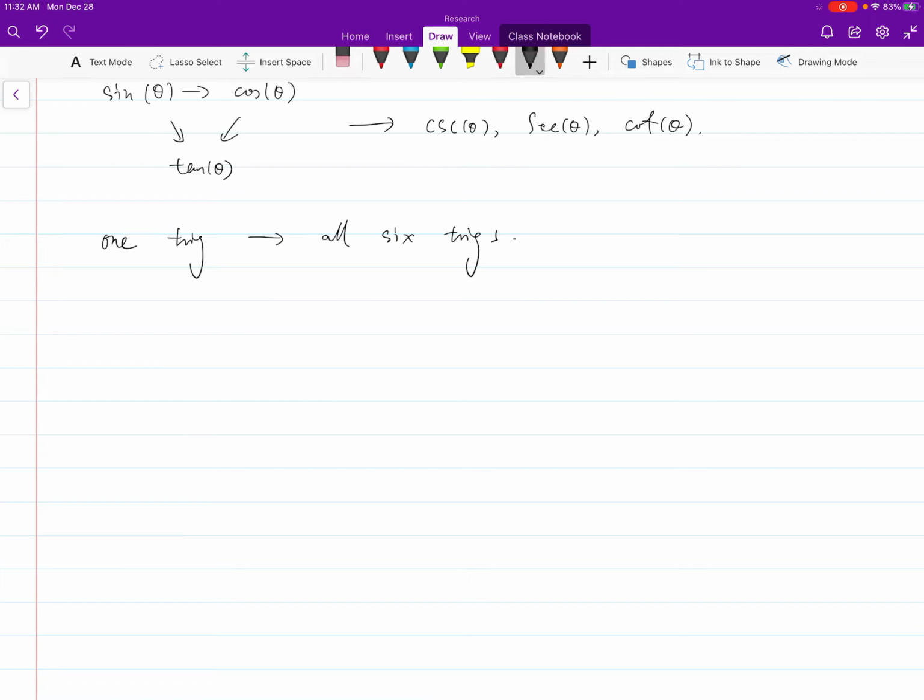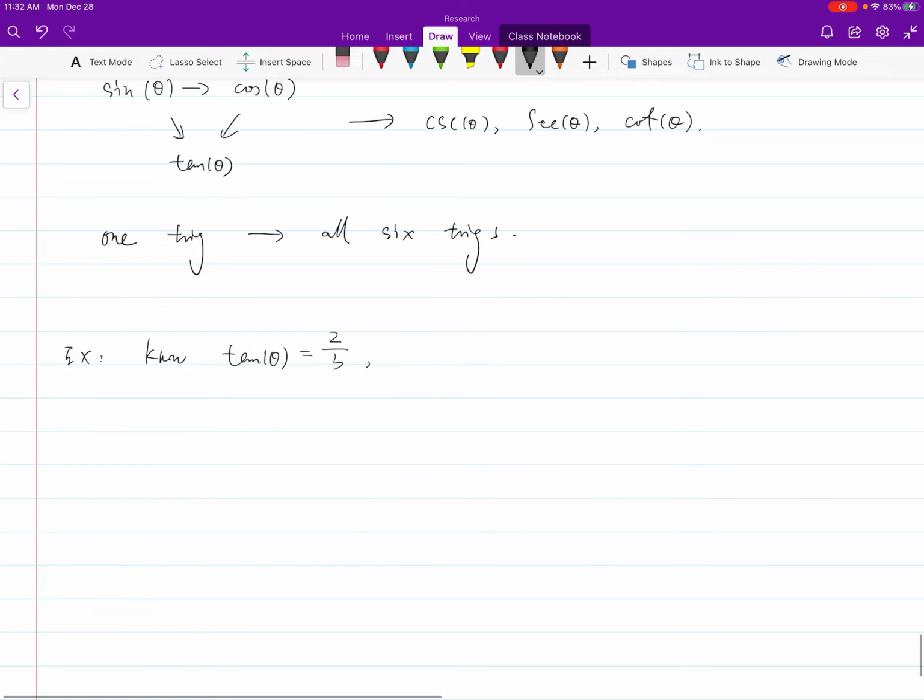So let me show you some examples. I will show you 2 ways of doing it. One way using right triangle, and the other way using trig identities. Okay? So let's say we know tangent theta equals 2/3. Okay?